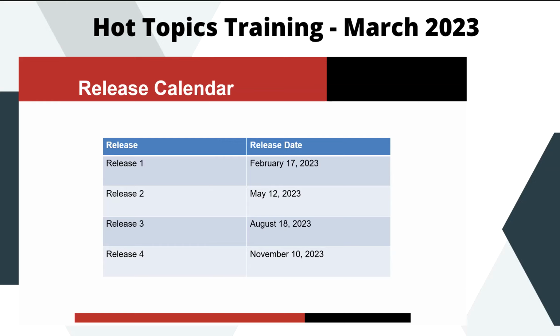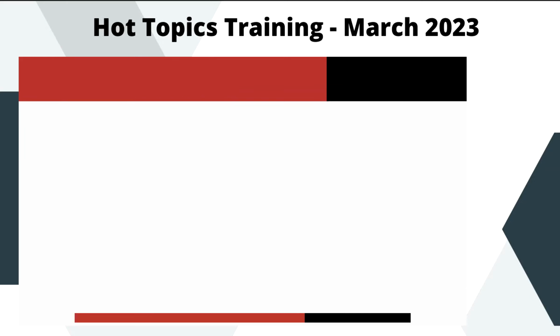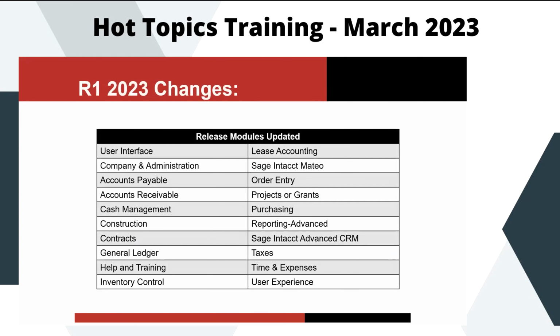Now, going through the R1 changes for 2023, there have been upgrades and additions to a multitude of different modules within Sage Intacct. They range from things like user interface to accounts payable, accounts receivable, all the way to projects and grants, purchasing, taxes, and just great things like the user experience as well.